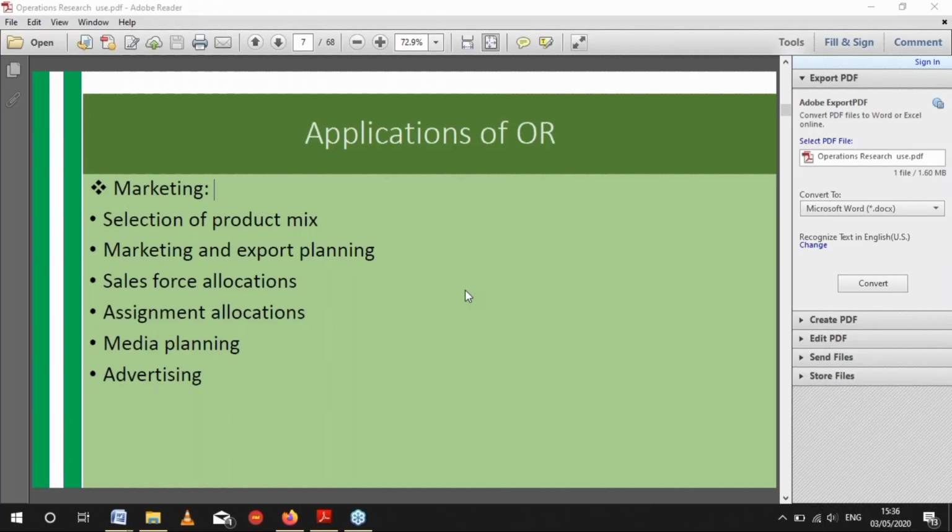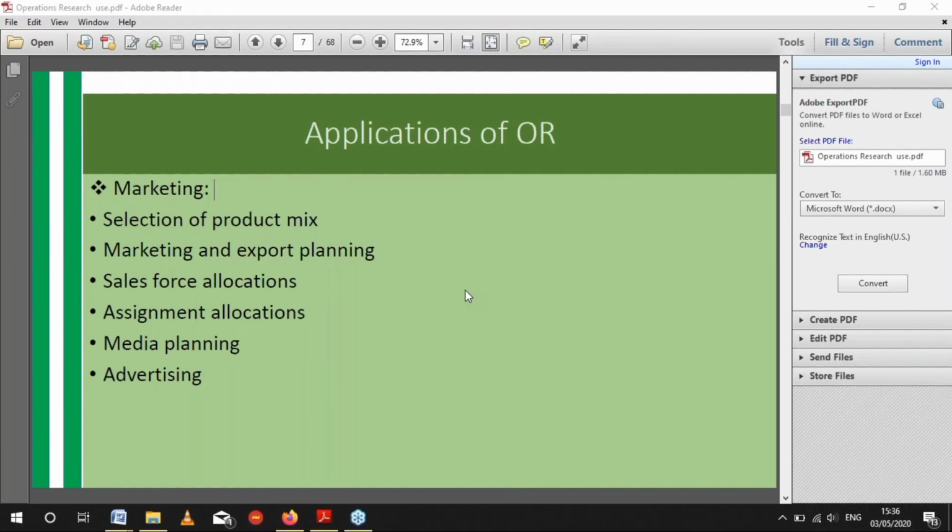Five, selecting the best alternative. Six, conduct a sensitivity analysis of the solution. Seven, implementing the chosen alternative. And lastly, following up and evaluating the result.